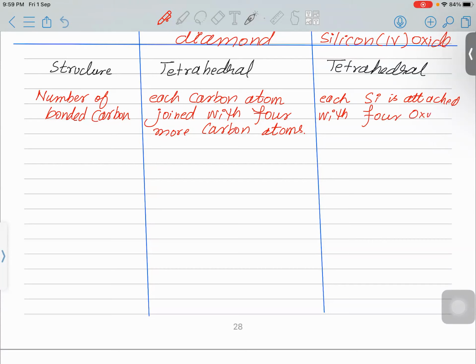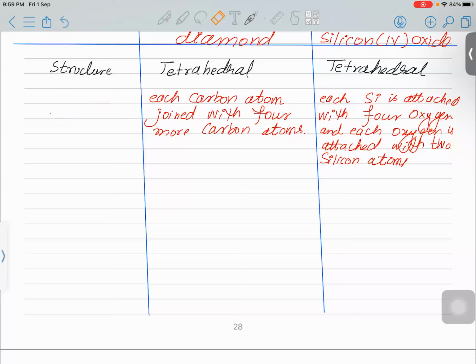Am I right? Yes. And each oxygen is bonded with 2 silicon atoms. So this is bonding.